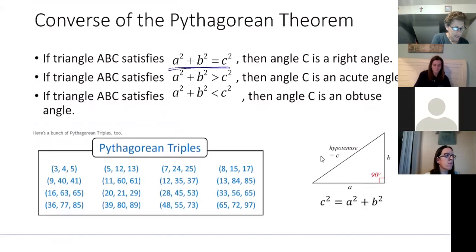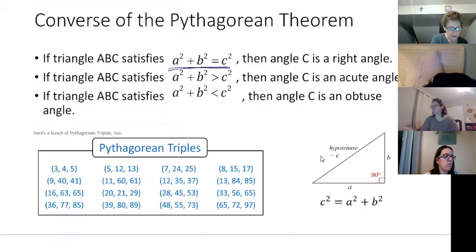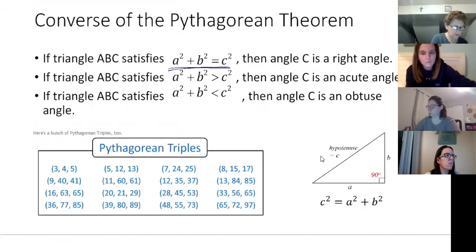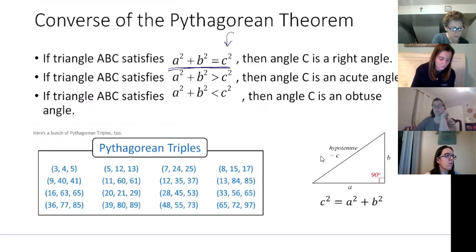Okay? If you have a squared plus b squared, so the legs squared, that sum is greater than the biggest side squared, because in this case, it's not going to be a right triangle, but you're always going to have the c side, if you would, in the formula, be the biggest side.